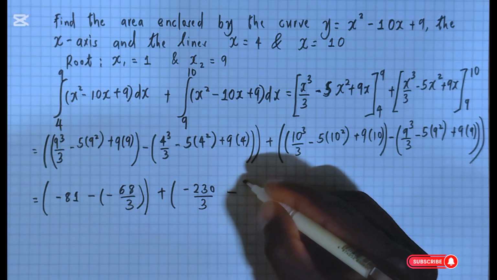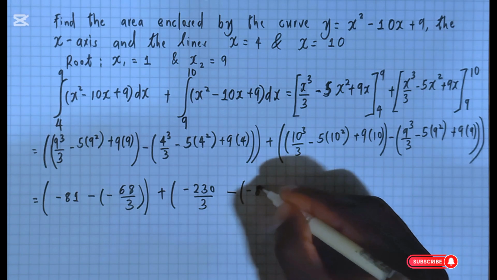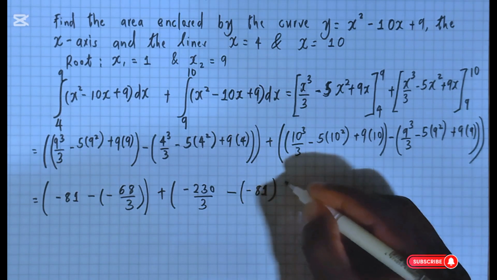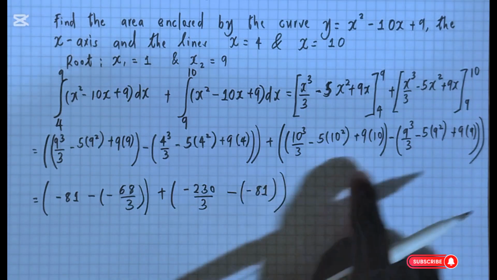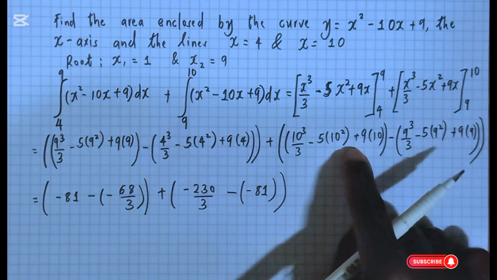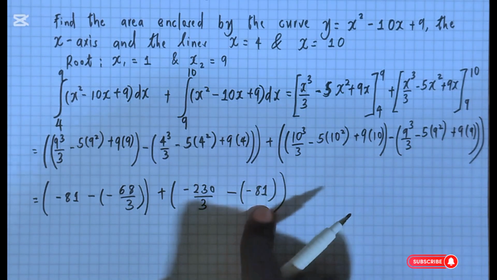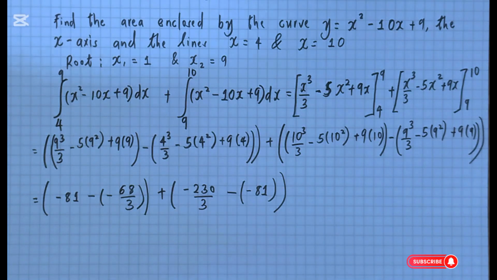So it's going to be negative 230 all over 3 for this particular bracket, minus negative 81 for this particular bracket.